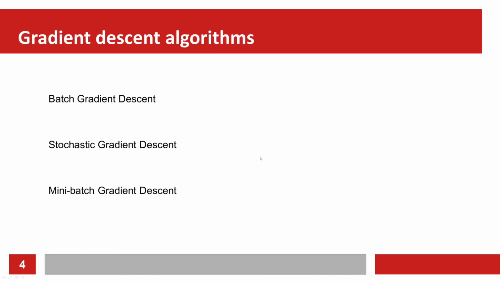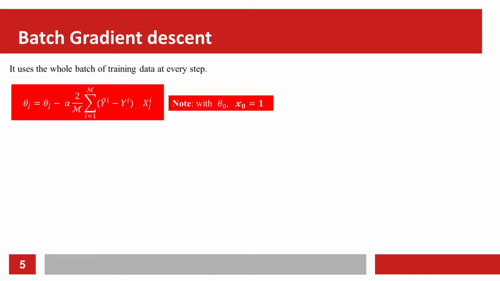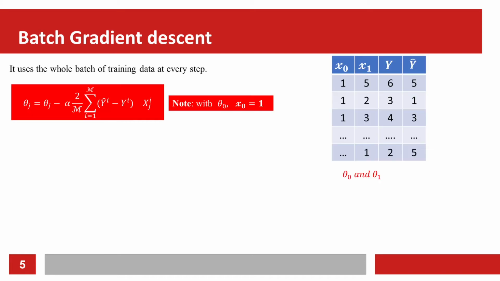Now there are three algorithms of gradient descent: batch gradient descent, stochastic gradient descent, and mini batch. So what's the difference between these algorithms? In batch gradient descent, it uses the whole data set to update the parameters. Assume that this is your data.